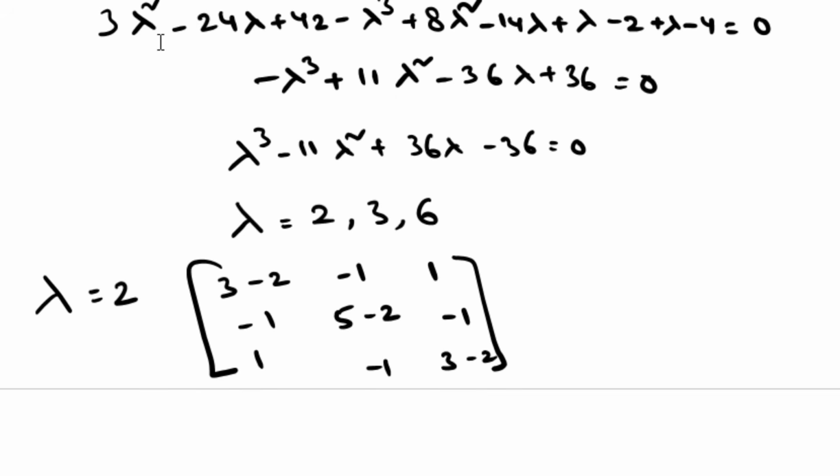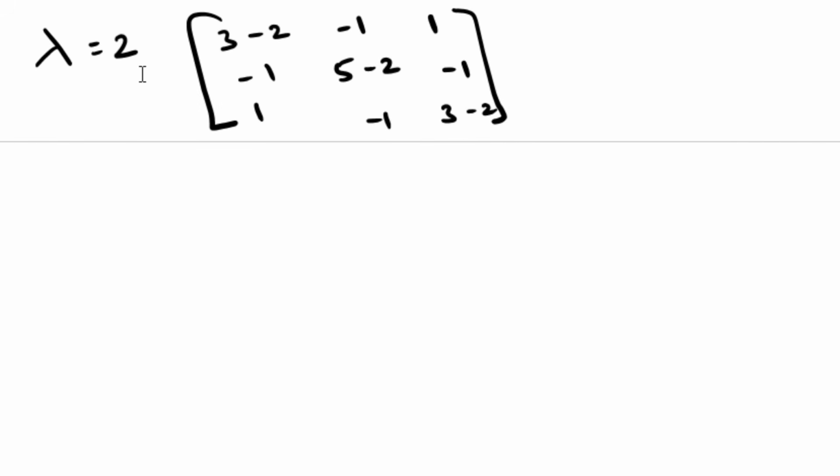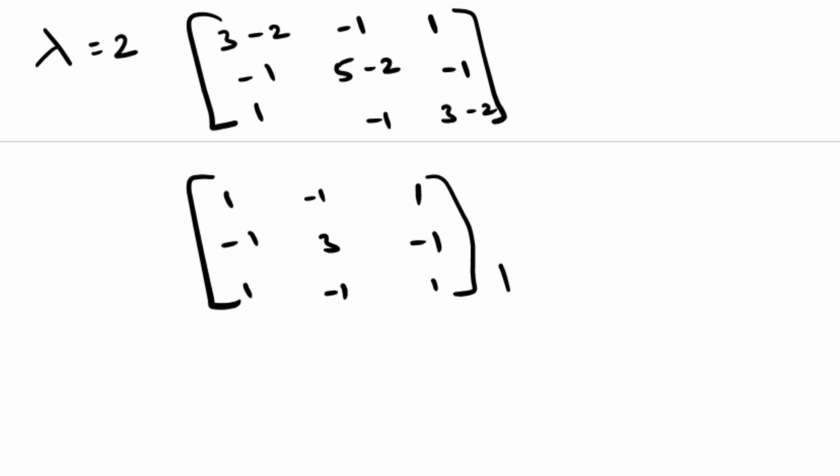Therefore this matrix will be 1 minus 1 1, minus 1 3 minus 1, 1 minus 1 1. Now R2 implies R2 plus R1 and R3 implies R3 minus R1.